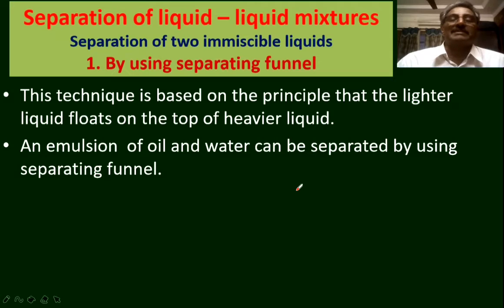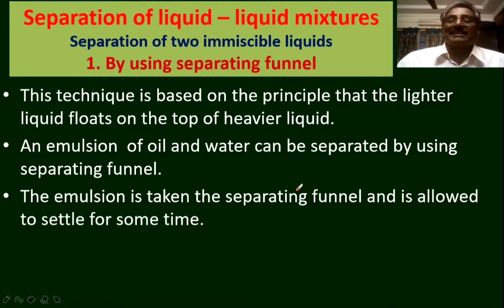An emulsion is a mixture of two liquids in which one liquid finely divides into droplets and are distributed in the other liquid. When this mixture is allowed to settle, the two components of the mixture get separated. The lighter component floats on the heavier component.